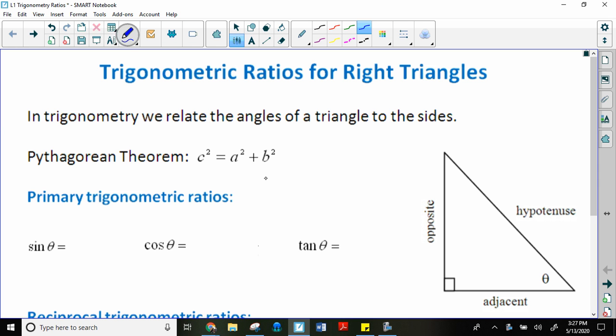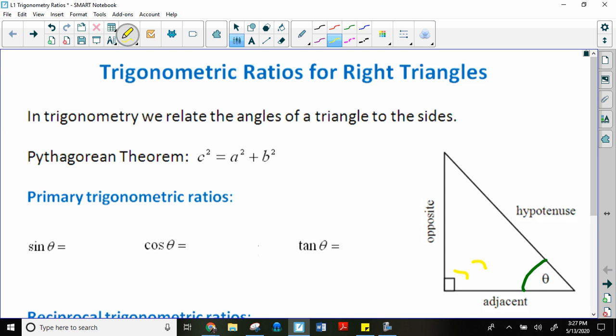And then in grade 10, we built on the Pythagorean theorem and we said, well, now with right angled triangles, we're going to introduce something called trigonometry, where if you have a given angle, and this is very important, you always have to be able to identify the given angle. If you have a given angle and it's a right angled triangle, you can identify three sides.